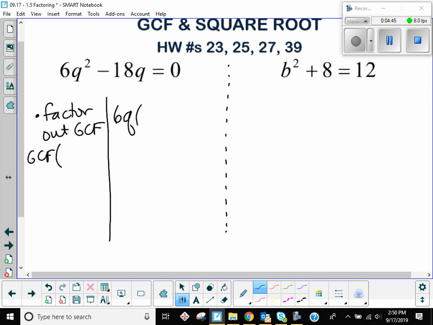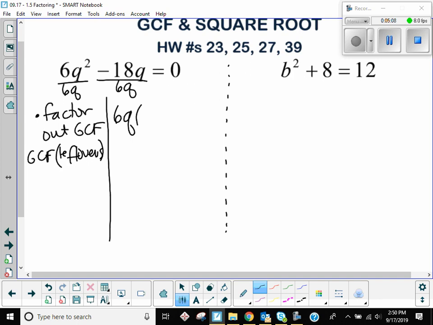And then in parentheses, you're going to write the leftover factors. This is a reverse distributive property. So it's going to look how distributive property looks once we factor it out. So instead of multiplying something through to two things, you're dividing something out of those two things.